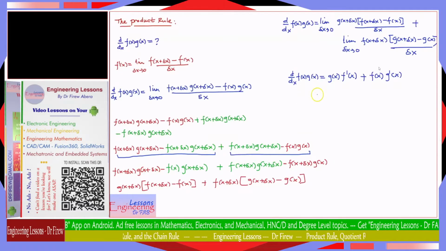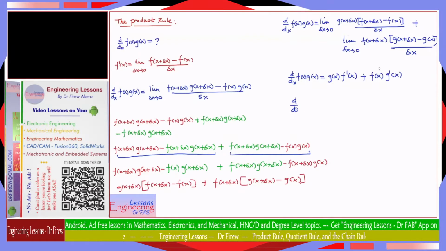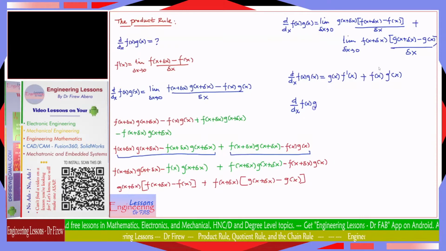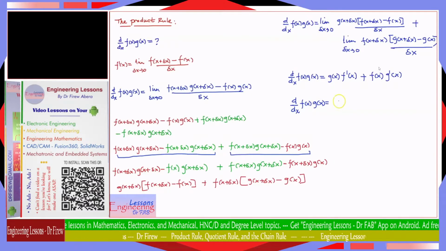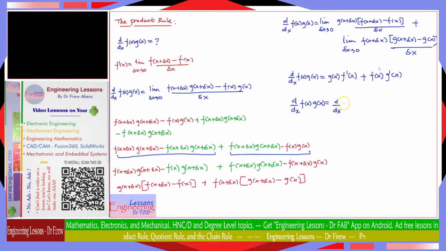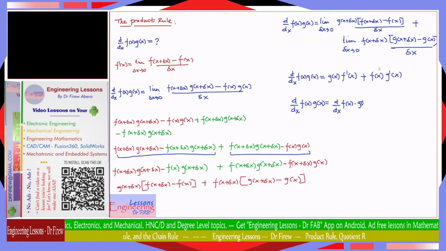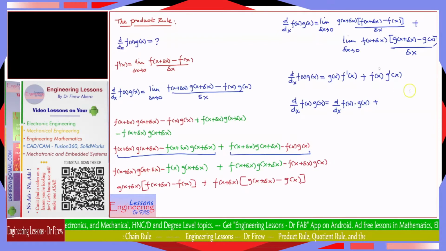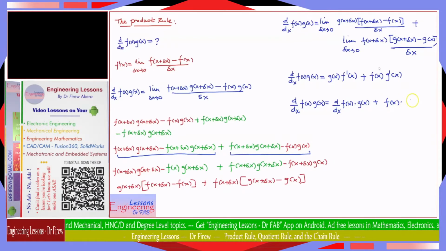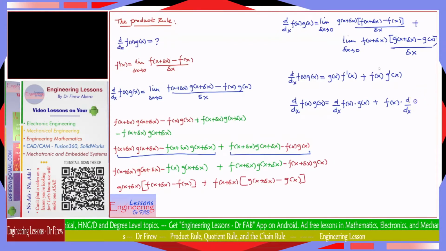We can rewrite this using the notation of d by dx. So d by dx of f of x times g of x equals d by dx of f of x times g of x, plus f of x times d by dx of g of x.